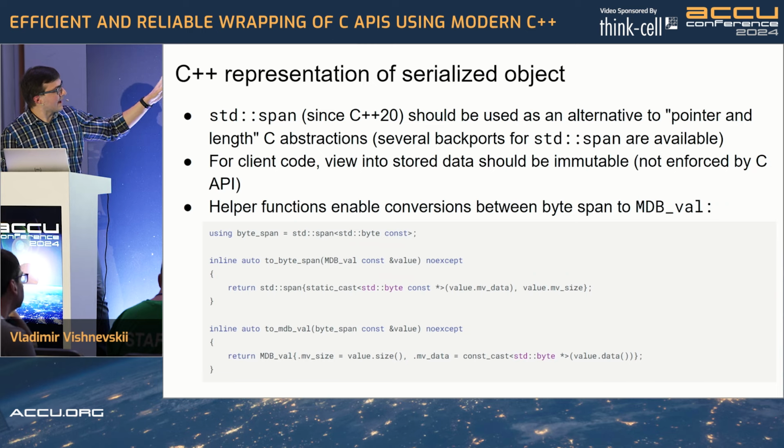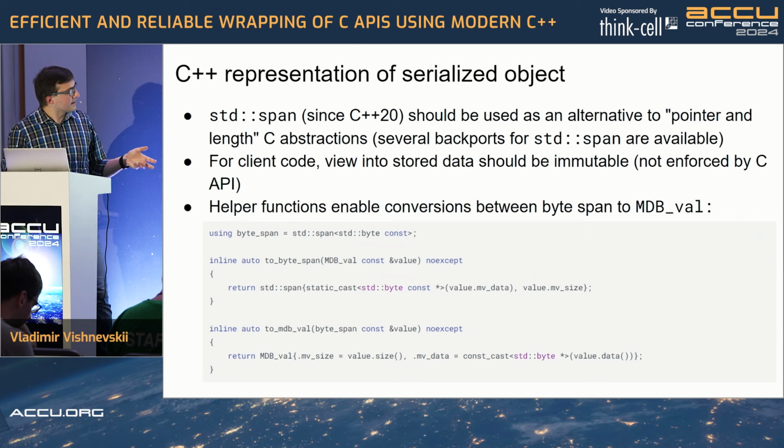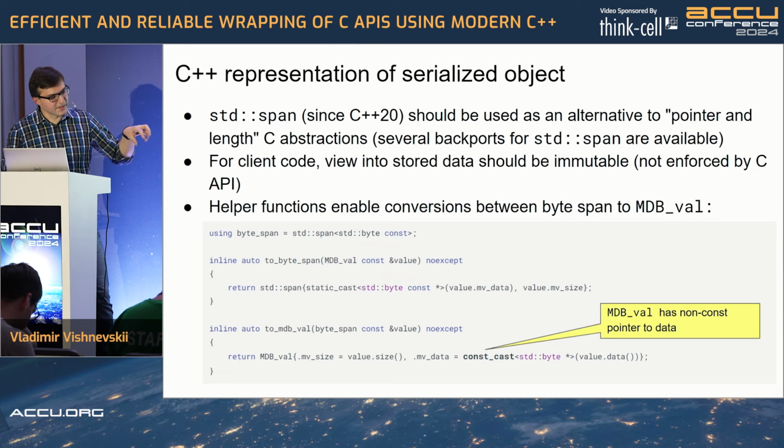We can make an alias of byte span, a span of const bytes, so it's a constant view into the bytes, because we are not modifying the data that we are pointing at. And because MDB_val actually has a non-constant pointer internally, in our implementation of the wrapper, we handle that.